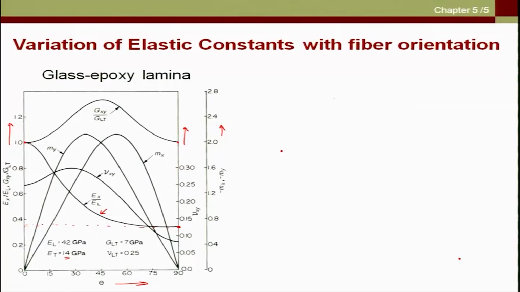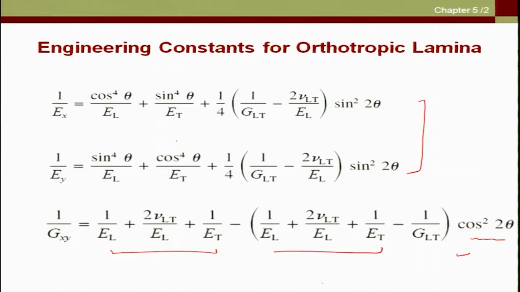And the same thing is true when theta equals 90 degrees. So, at theta equals 0 and theta equals 90 degrees, Gxy and GLT are identical, which is consistent with our relation shown here, that when theta equals 0, the terms involving EL and ET cancel out, and only GLT is left.